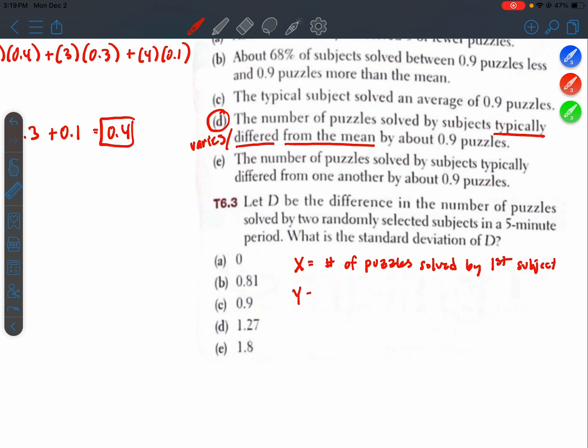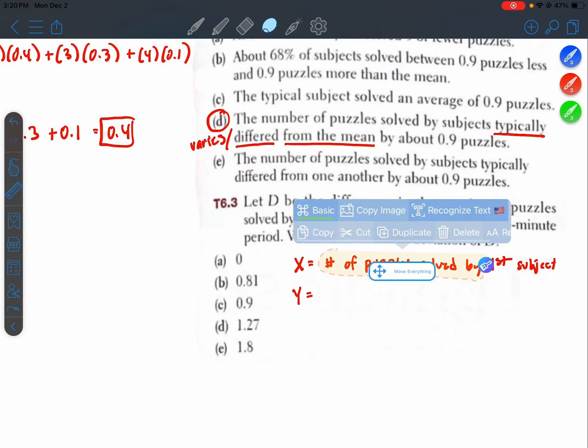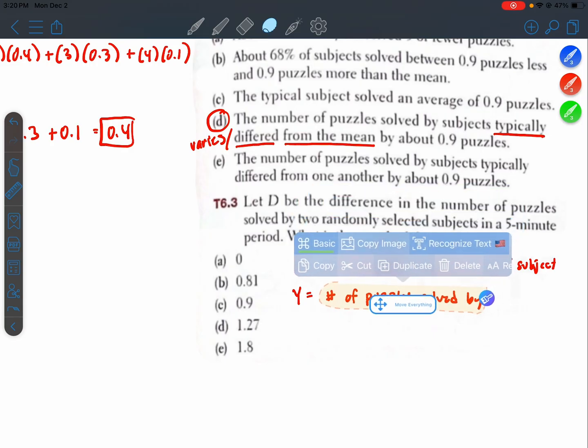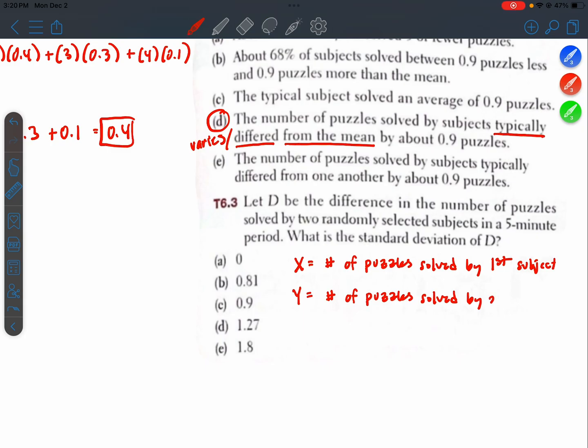I'll create a new variable Y, and that will be the number of puzzles solved by the second subject. And then this new variable D is the difference, so that'll be X minus Y. D is the difference of two other random variables.